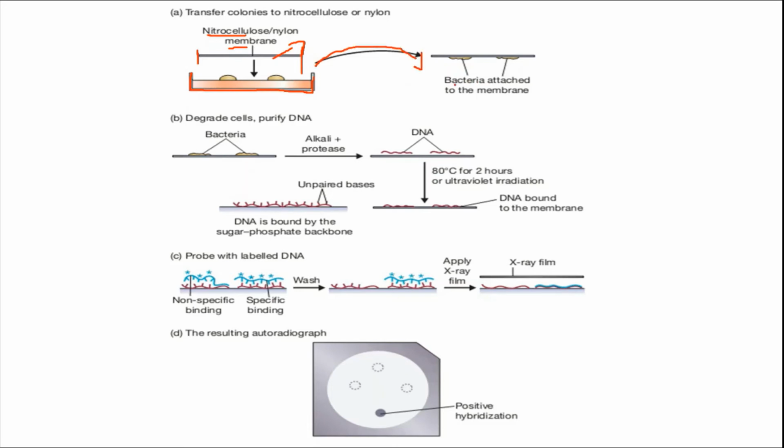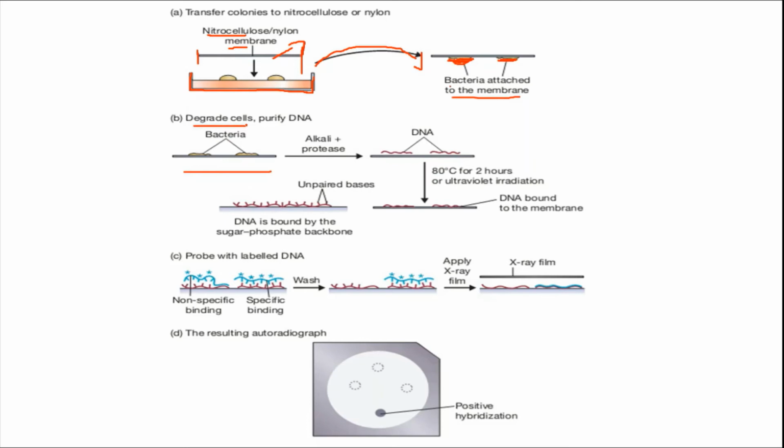Here the bacterial cells are attached to the nitrocellulose membrane, because the membrane provides some adhesive property, since it contains streptavidin or biotin molecules, so they attach easily. Then the membrane is inverted here. First we treat it with toluene or chloroform.